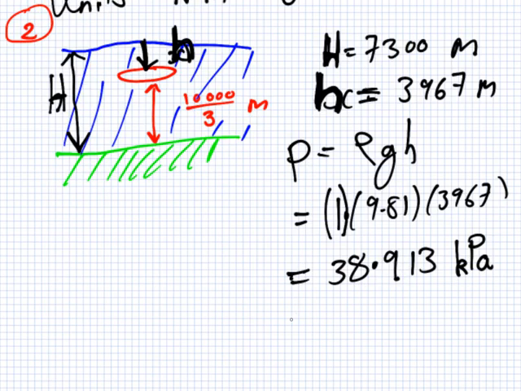So you could say that's 0.384 atmospheres. So the pressure is quite low at this height.